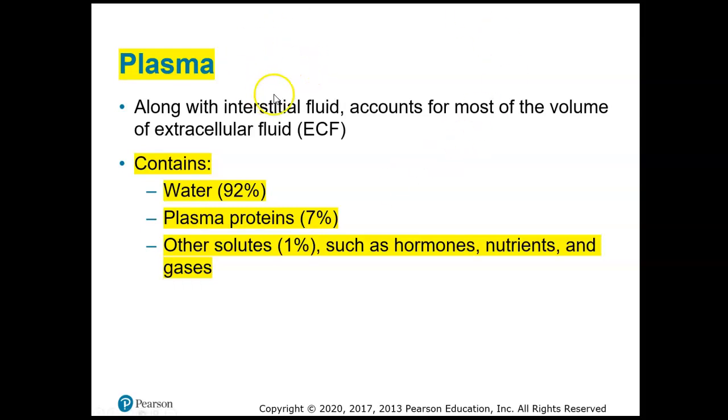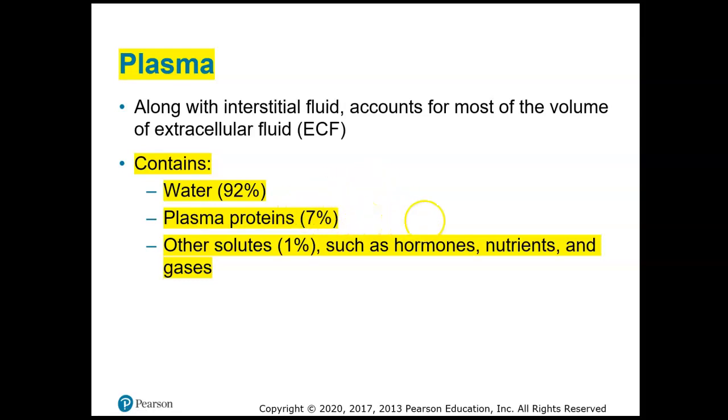The plasma portion of blood contains 92% water and 7% plasma proteins, and these are not the fibers found in connective tissue. We always talk about fibers like collagen, elastin, and reticular fibers. Blood doesn't have those protein fibers, but it does have proteins like albumin, hemoglobin, and immunoglobulins, or antibodies.